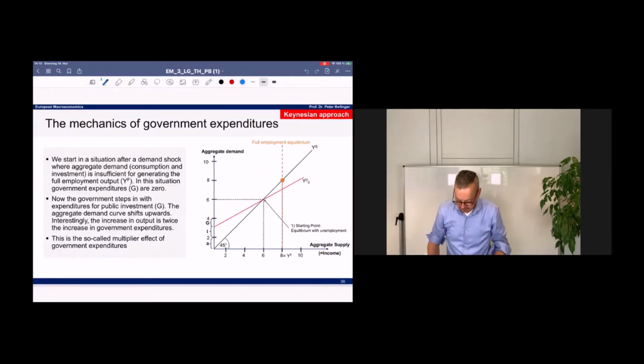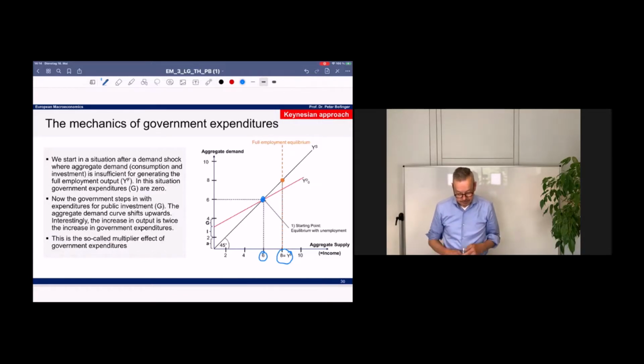We start here in this position, and this is a situation where aggregate demand is at a level which is insufficient to secure full employment, because full employment output is 8, and we have taken the parameters of the model in a way that aggregate demand is insufficient to generate full employment. We have an equilibrium with unemployment. The question is, how do we get out of it? How do we get from this blue point to the red point?